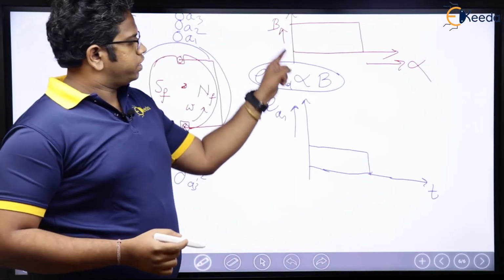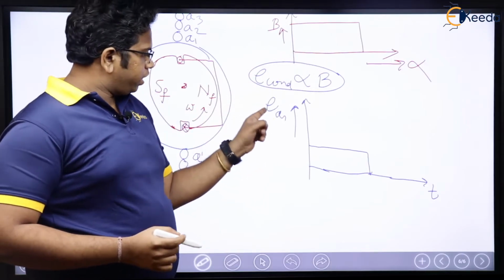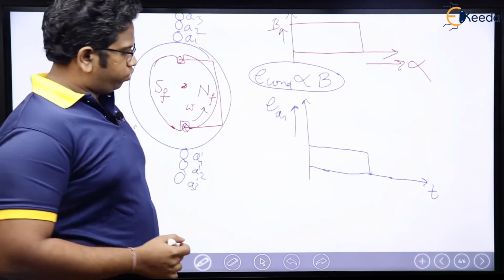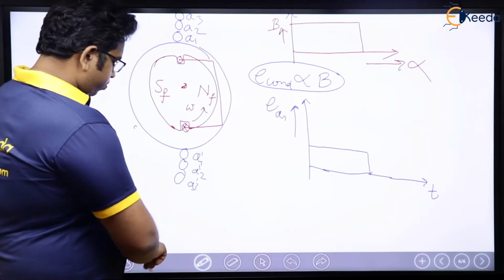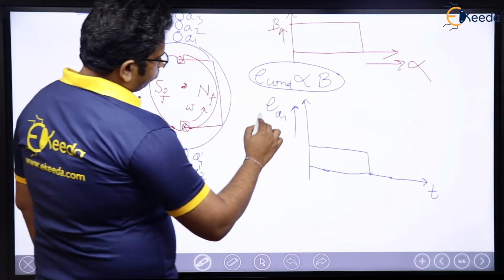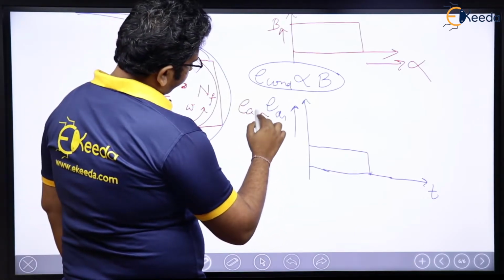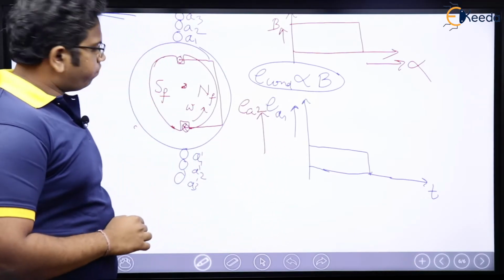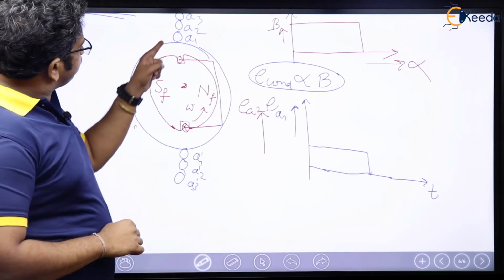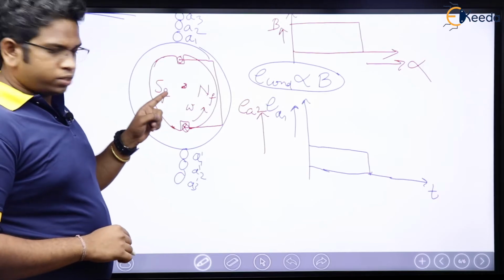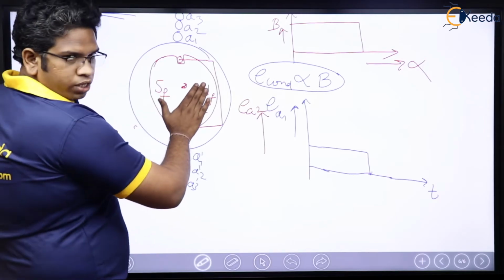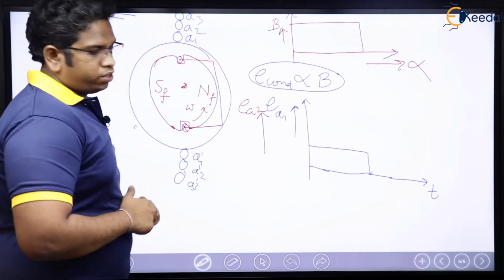Because if my flux density is square, then EA1 has to be square only. Now, let me think of EA2. EA2 is where? EA2 is also here. See here, when this particular rotor is going to rotate in this direction, what will happen?